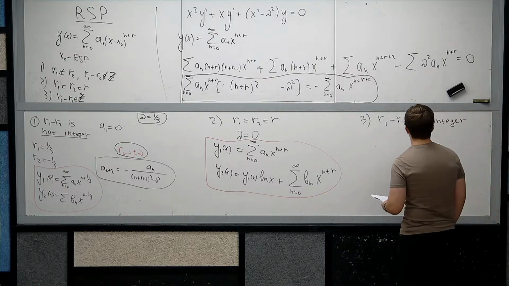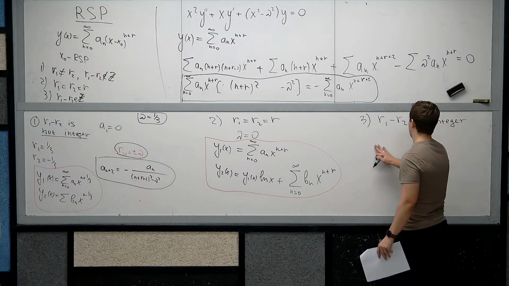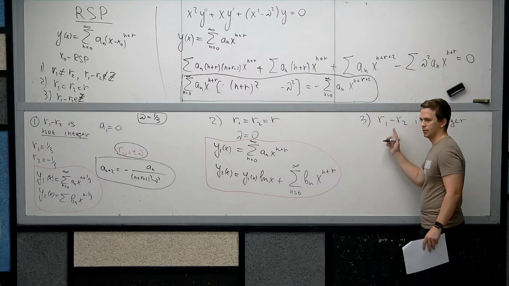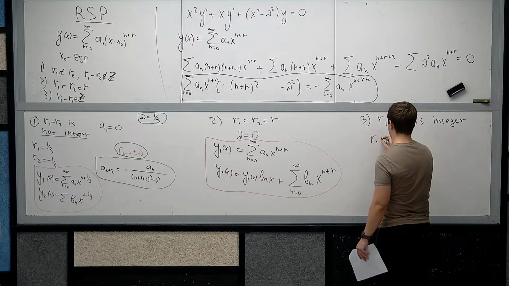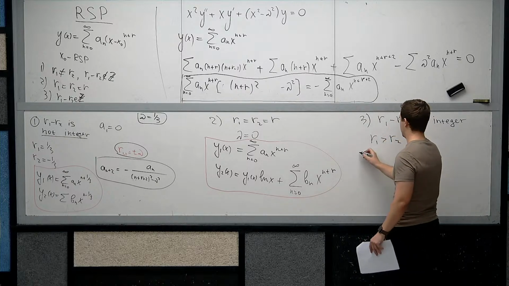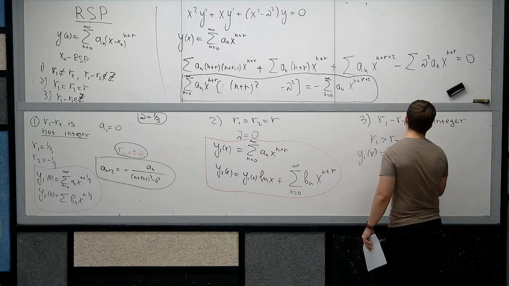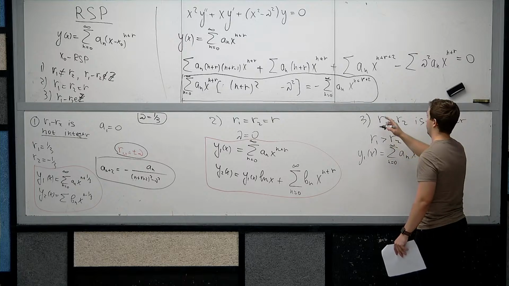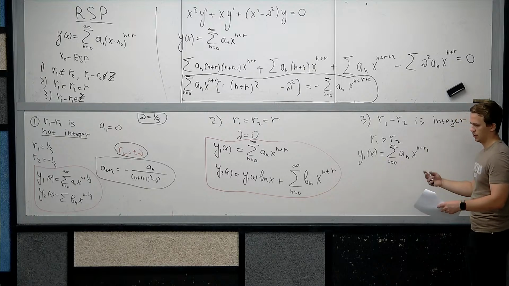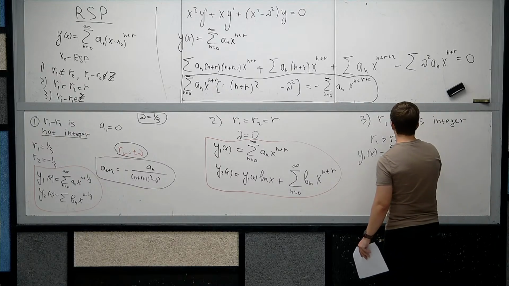In this case, for the first solution, nothing special. We need to take the largest value of R. Let's say R1 bigger than R2. So for the first solution, y1 of x, I plug this series into the original equation and do the same procedure to get the coefficients.